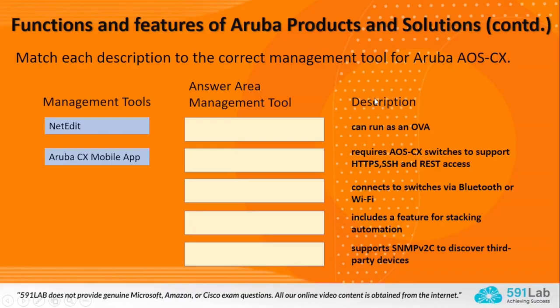So the first description, we'll try to match these tools to these descriptions. Can run as an OVA. It is obvious this is NetEdit, because NetEdit is installed as an OVA file in a VMware ESXi platform.